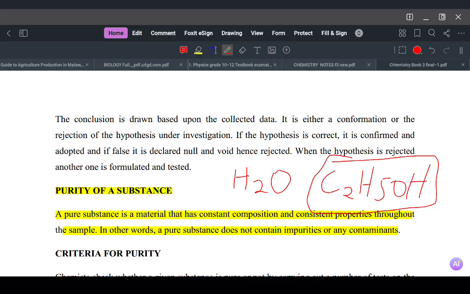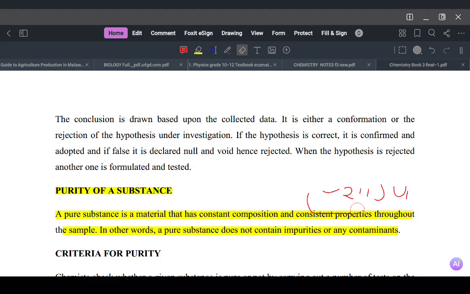When we meet again, we are going to look at the different ways of telling if a substance is pure or is not pure. All right, so that's a technique known as criteria for purity. Criteria for purity is just a group of experiments that can be done to determine if a substance is pure or is not pure.